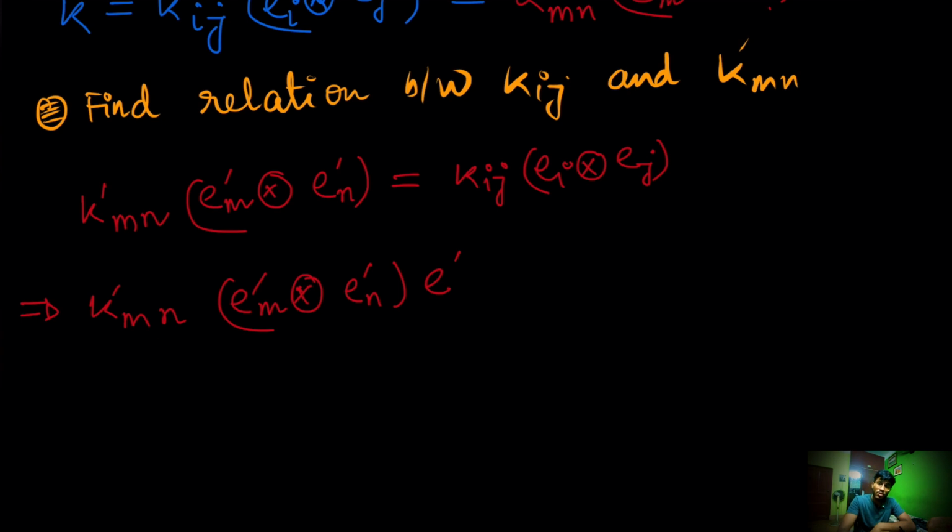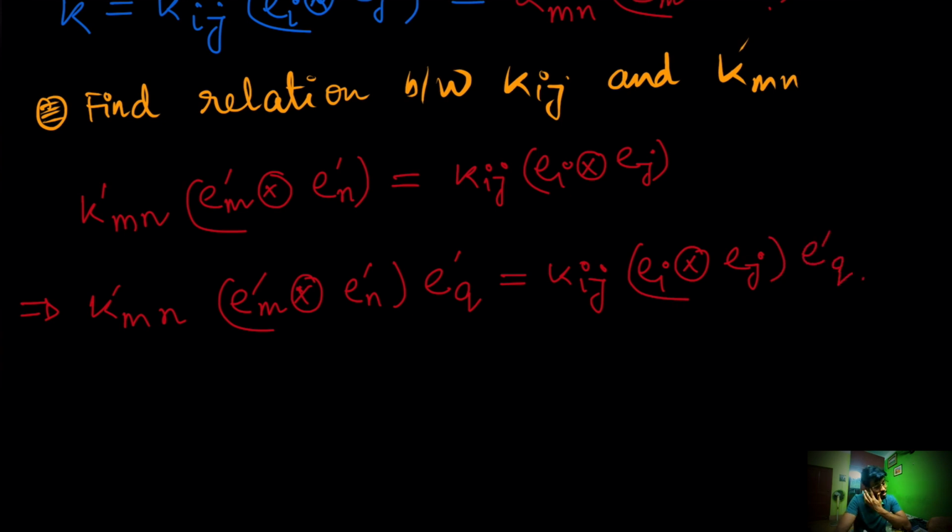Okay, this was the same question that I put earlier for that vector case. So your job is to answer this question in the comment. Okay, so let us multiply by E dash q, and that is equal to Kij Ei dyadic Ej multiplied by E dash q.